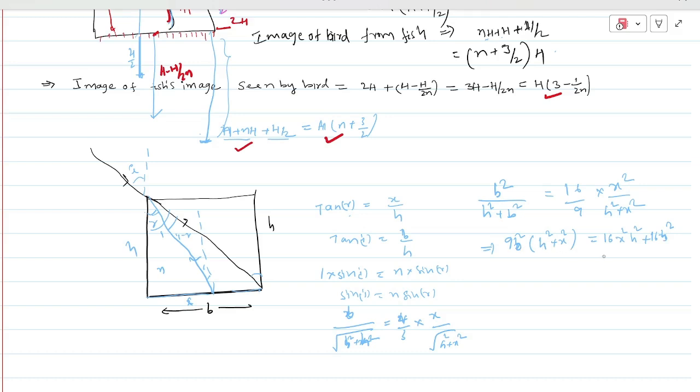So 9 b square h square minus 16 b square x square, and so on; keep b square on one side and h square on the other side, and collect the x square terms.